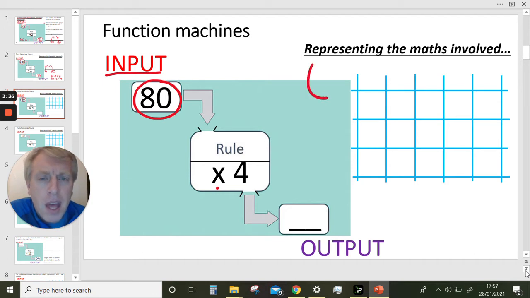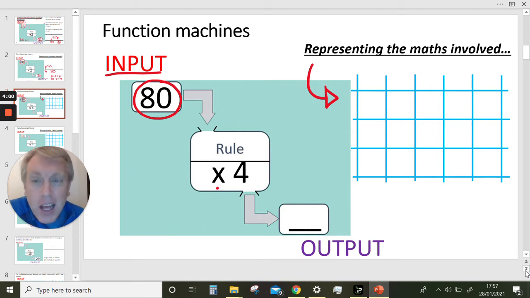But it's really important for today's lesson that we can represent the maths. So I want you to try and represent this with a bar model. Pause the video, have a go drawing it. What does 80 times 4 look like if we show it with a drawing?